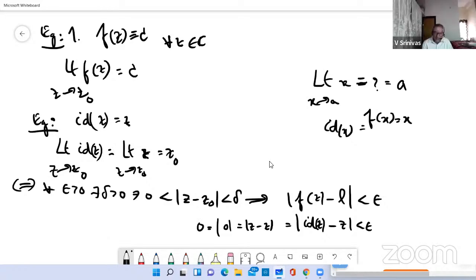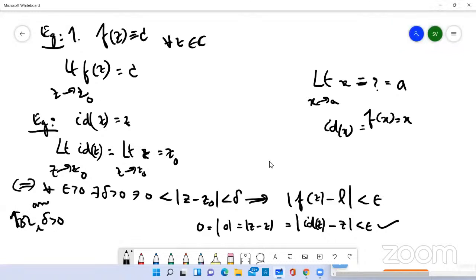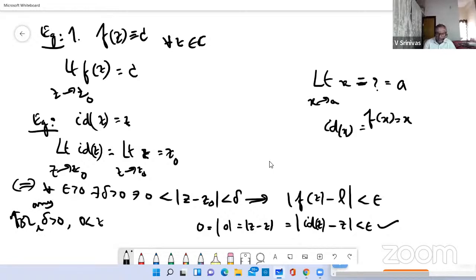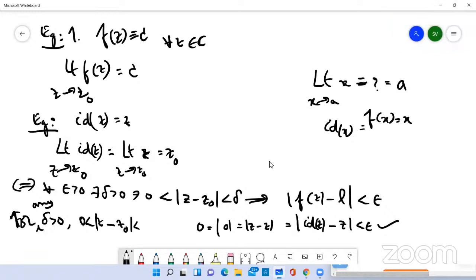Since your function is an identity function, modulus of f of z minus L less than epsilon is the same as saying 0 is less than epsilon. This is true, we are starting with a positive number epsilon. So this means we can take any delta positive. Consider z such that 0 is less than modulus of z minus z0 is less than delta.